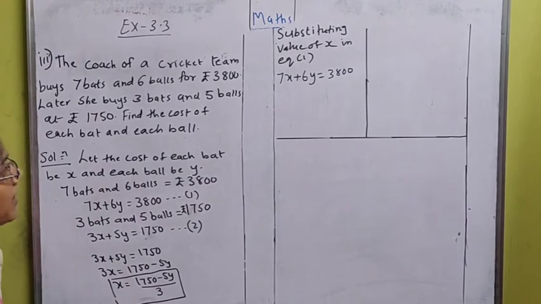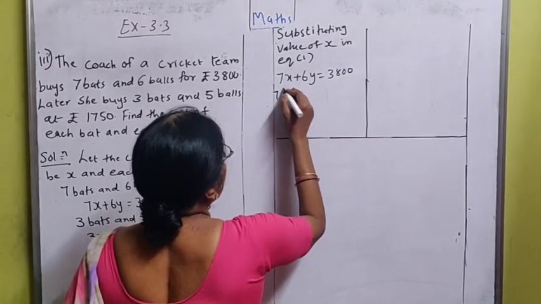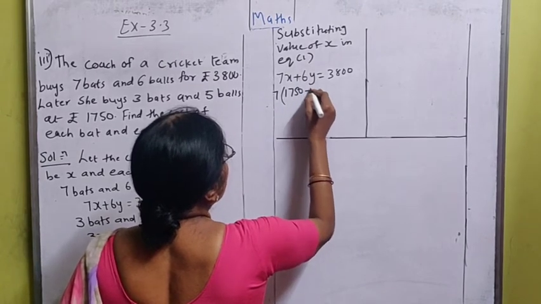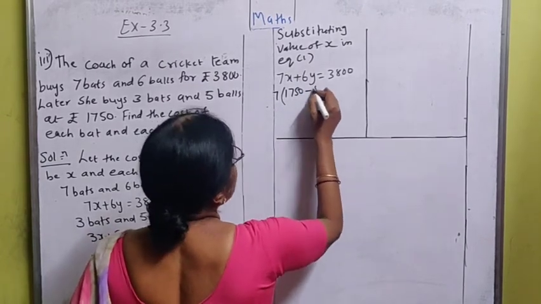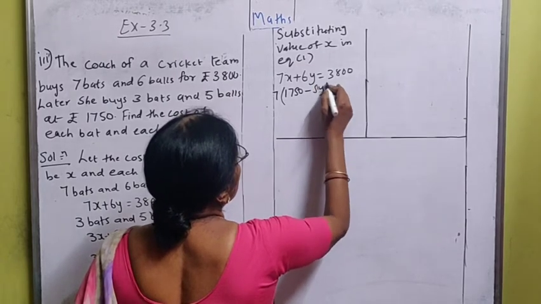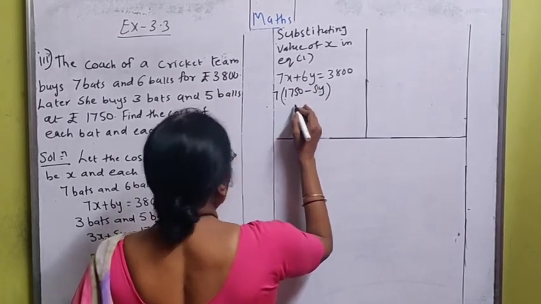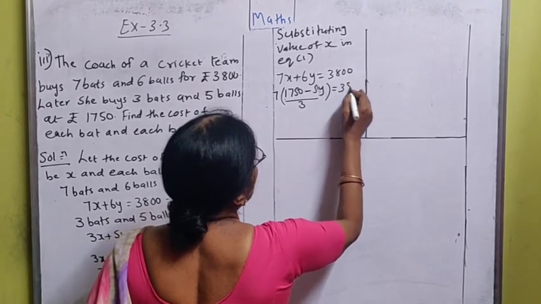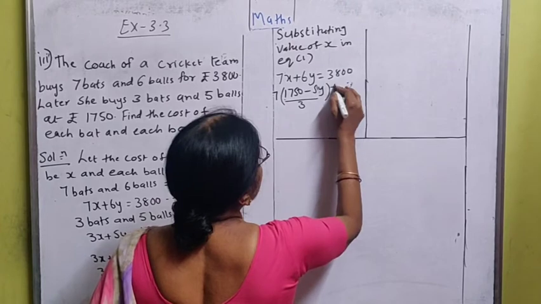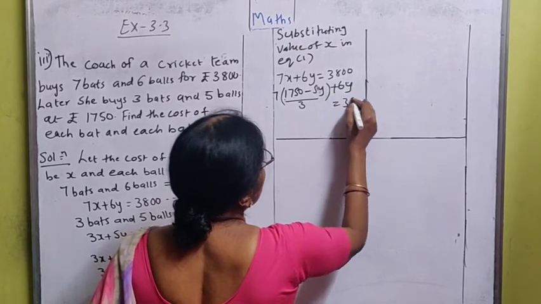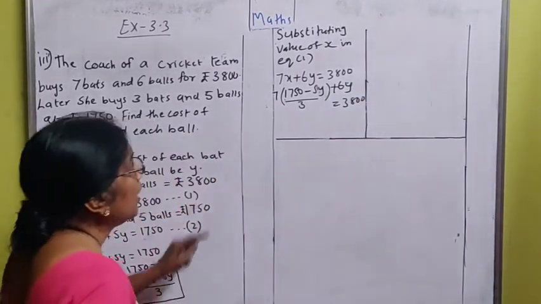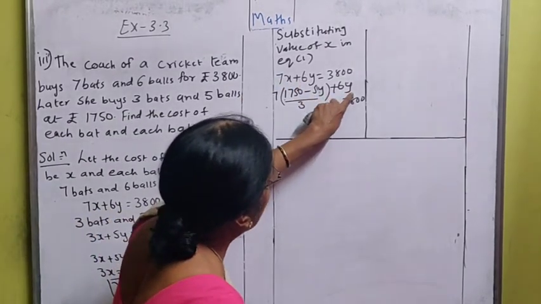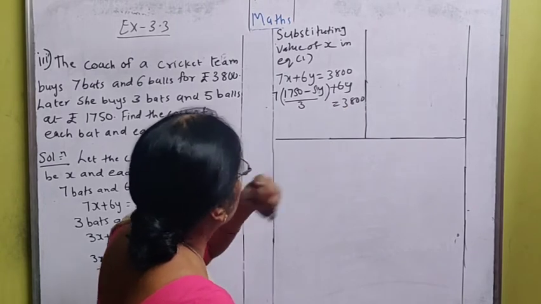Now what is the value of x? 7 in the bracket, 1750 minus 5y whole divided by 3, plus 6y is equal to 3800. Only the value of x we have substituted, plus 6y will remain as it is, equal to 3800.